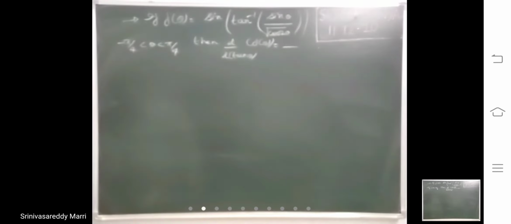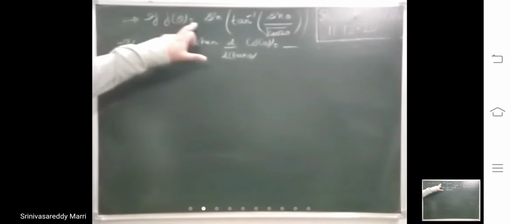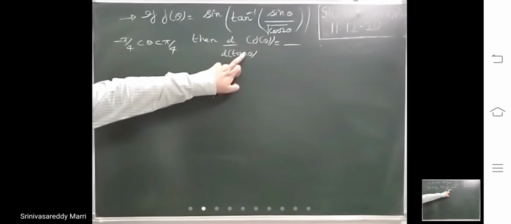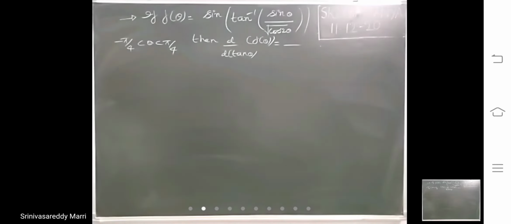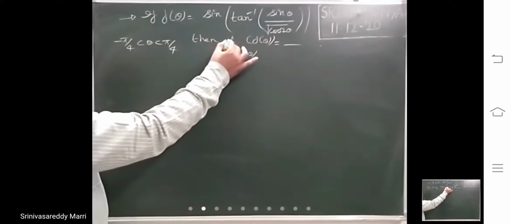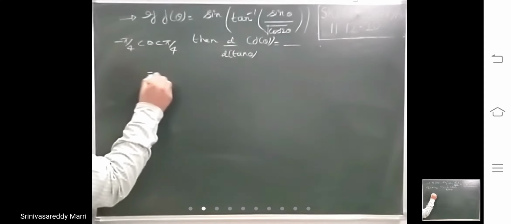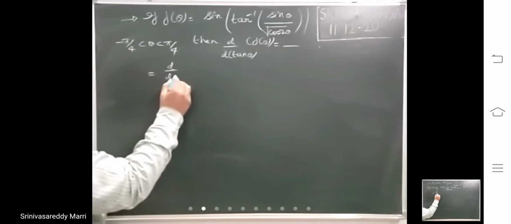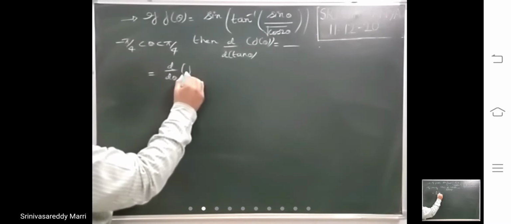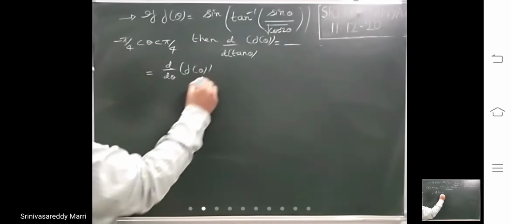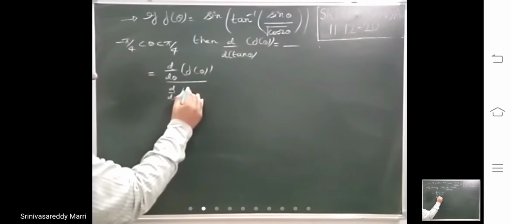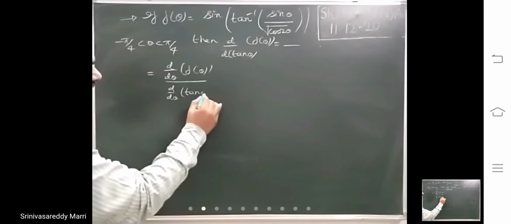Look at this. f of theta is given like this, and he is asking d by d tan theta of f of theta. That means what he is asking is d by d theta of f of theta divided by d by d theta of tan theta.